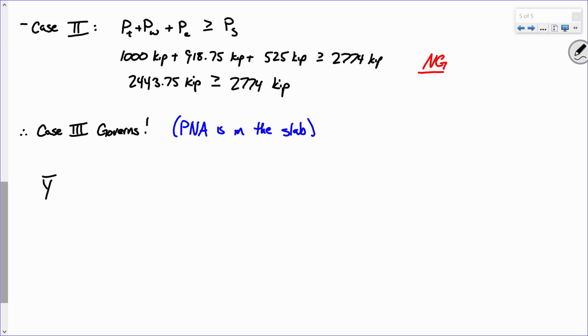Now, I don't want you to get confused thinking that's the centroid. That's not the centroid. It's the location of the P&A. Okay. Now, I propose to compute that. It's going to be the slab thickness times the following expression. PC plus PW plus PT all over PS.